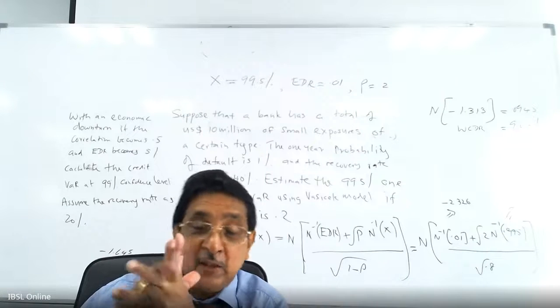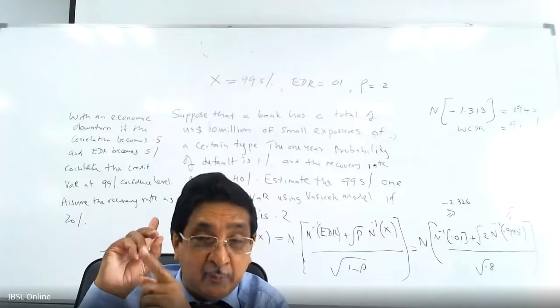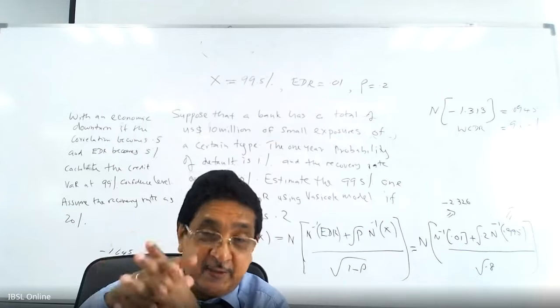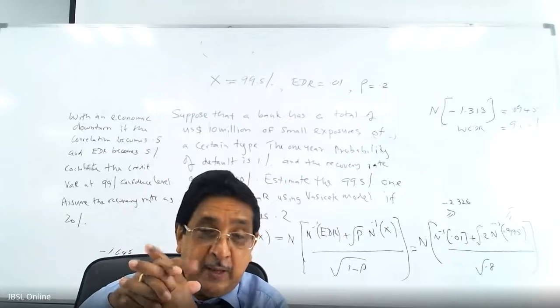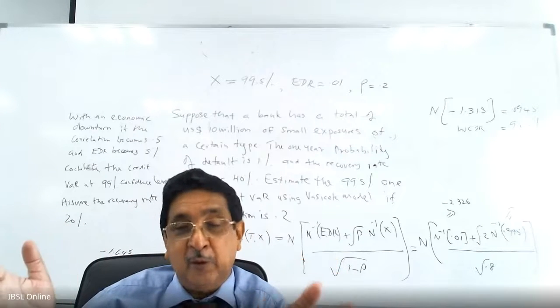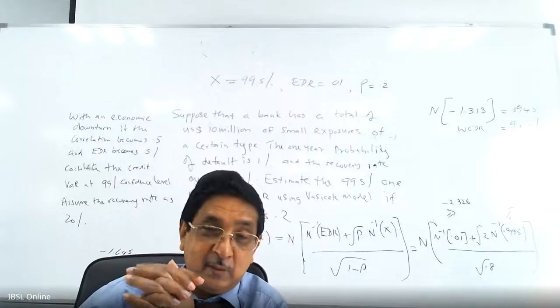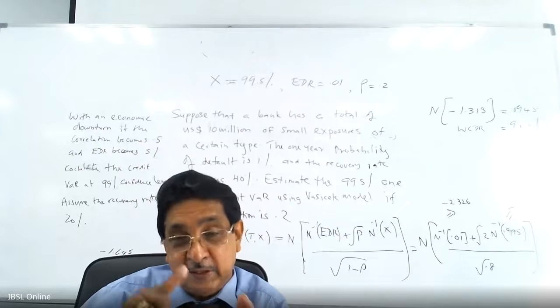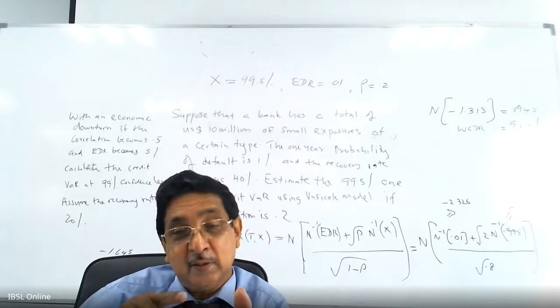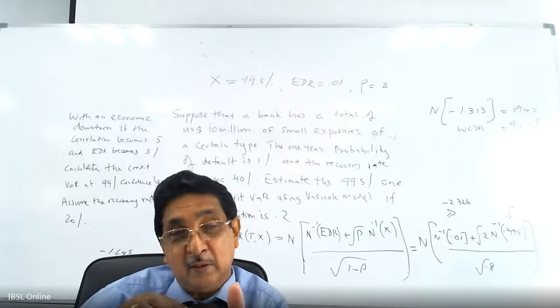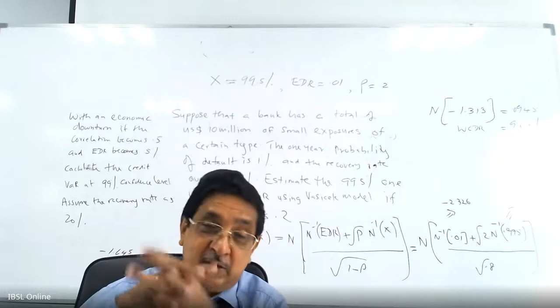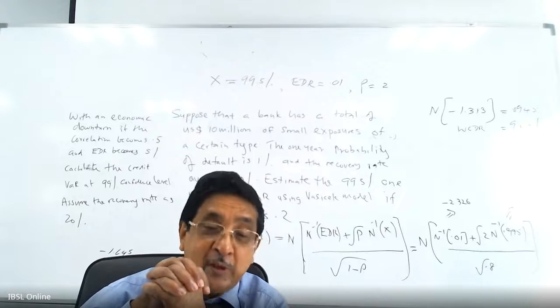But you can see what is the increase of probability of default? It's only a 5-fold increase. And as a probability of default, 5% is not a big amount. At the same time, the correlation also has been increased from 0.2 to 0.5.